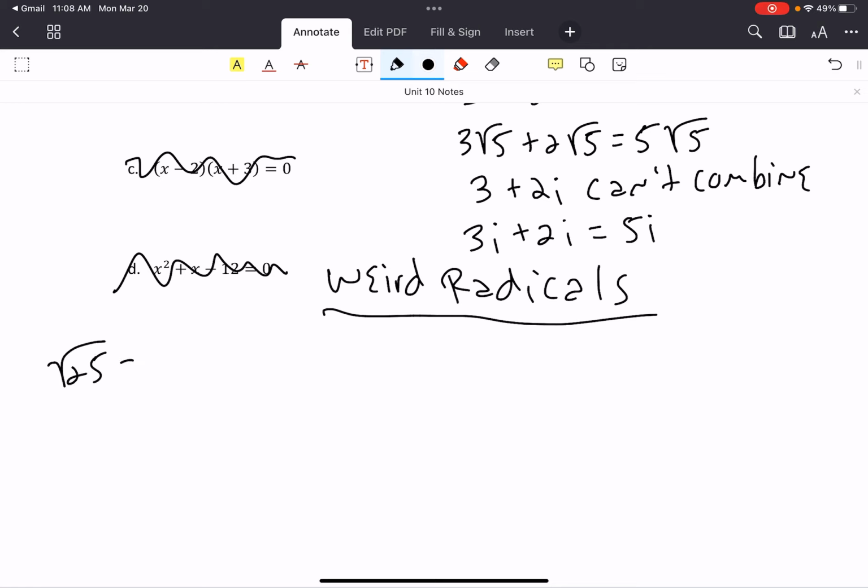You know how to do a radical. Good job. I'm going to get a little harder. What's the square root of negative 4? 2i. When the negative is inside the square root, it's like the square root of negative 1, so then it needs an i.